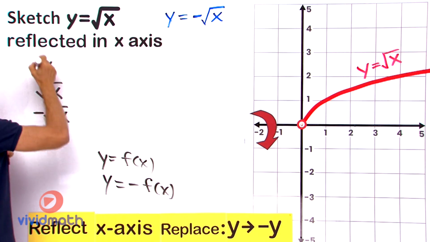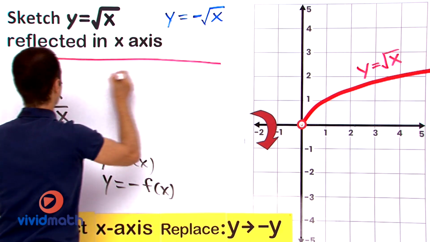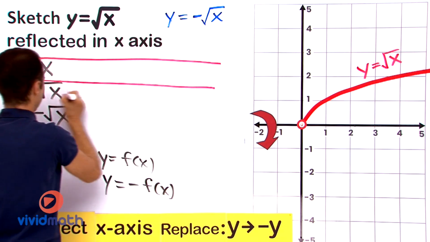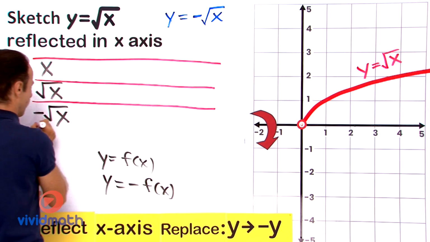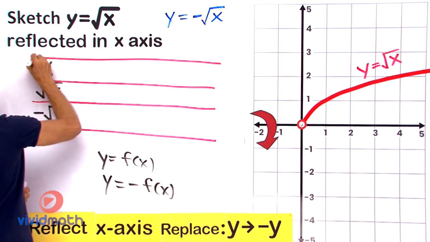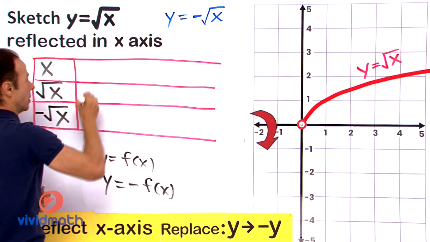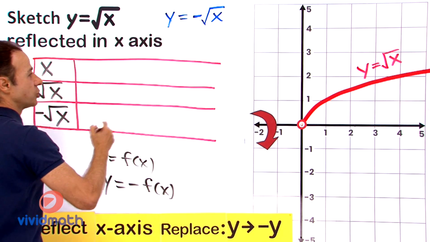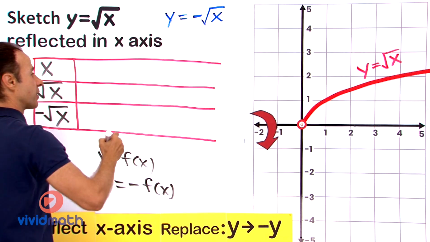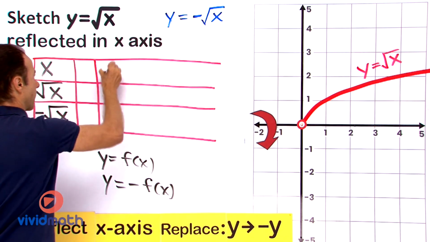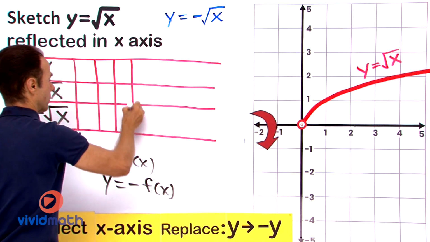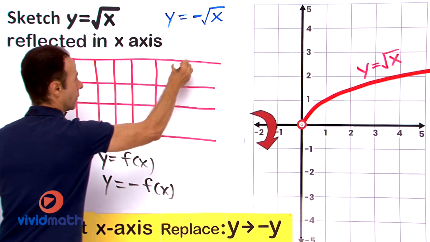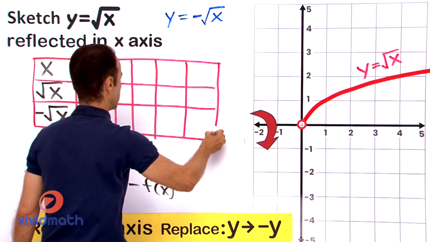All right, let's draw this up. So let's do quite a few points. We'll go up to 5, I think. Perhaps 6.